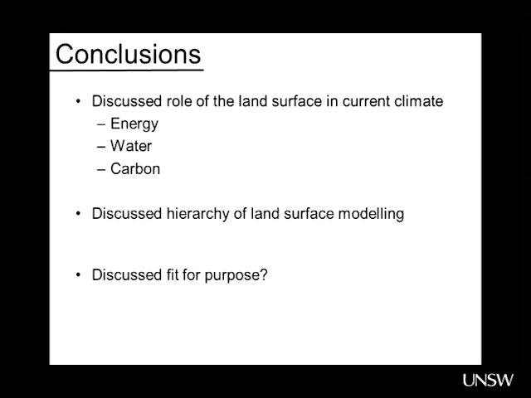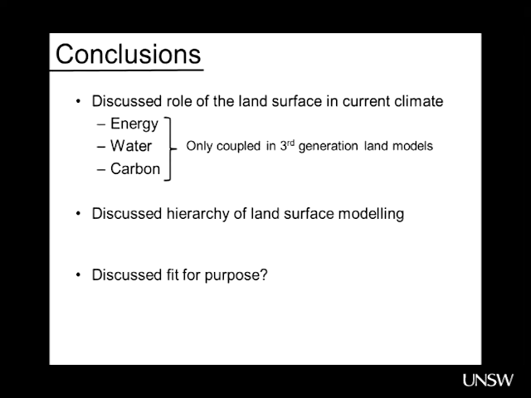So, some conclusions from the first 50 minutes. I talked about the role of the land surface in energy, water and carbon. And I tried to get across a simple message: that it's only in the more recent land surface schemes, the so-called third-generation land surface schemes, that energy, water, and carbon are properly coupled in a physically and, most important, biologically consistent way.